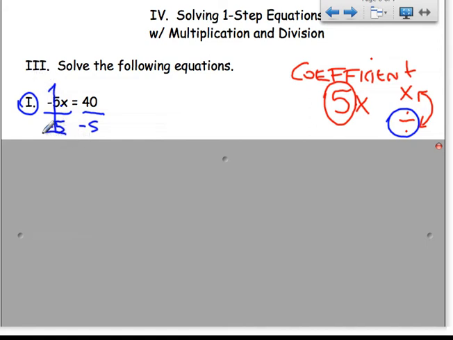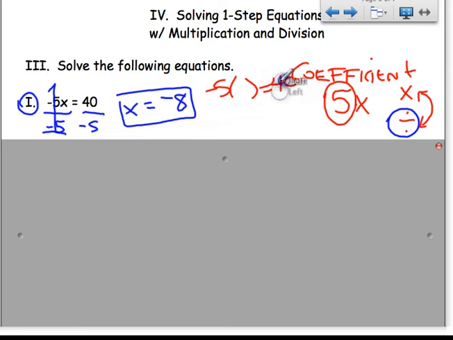And 40 divided by negative 5 equals negative 8. My answer is x equals negative 8. To check it, negative 5 times my answer should equal 40. If I substitute my value in, negative 5 times negative 8, and negative times negative does equal positive 40.